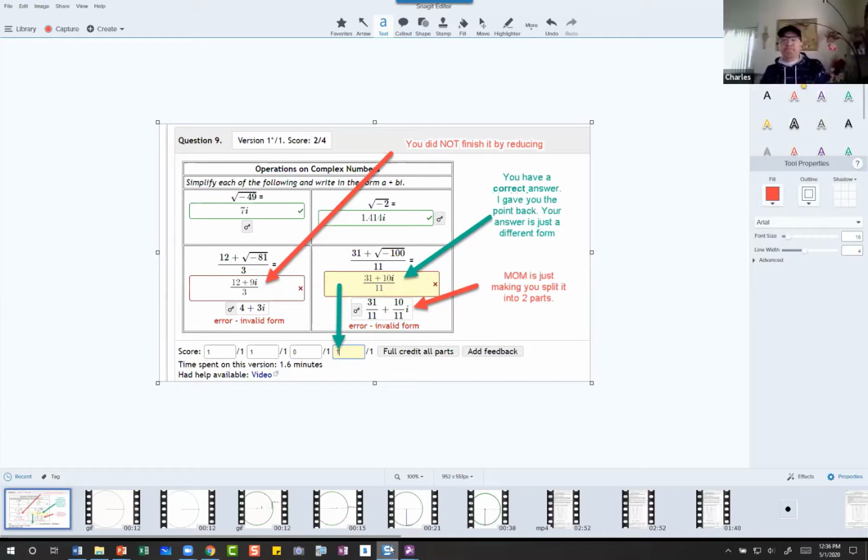So the second red arrow is pointing to the way mom prefers to see the answer. Now the first red arrow, Rhiannon wrote a correct answer, but it wasn't complete because it can be simplified.